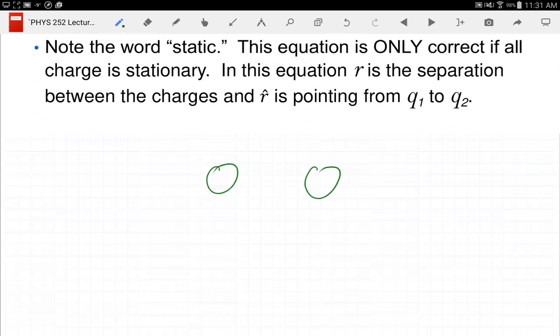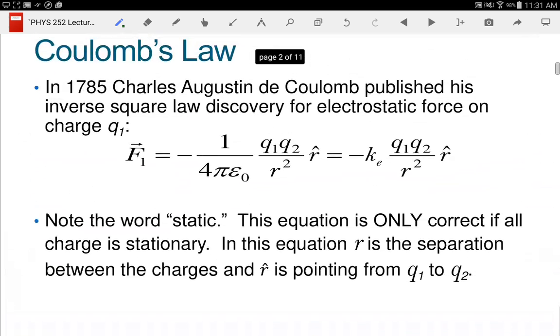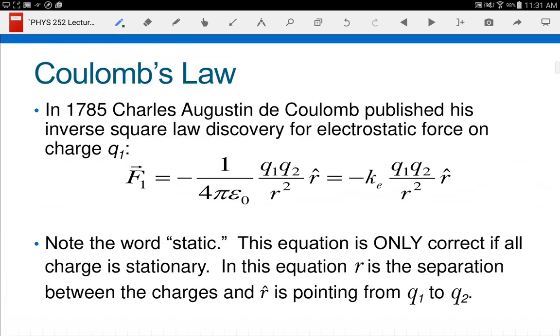By doing those experiments, he experimentally determined that the force was proportional to the product of the 2 charges and inversely proportional to the separation squared. Now, just like with gravitational force, it's the separation of the center of these globes.